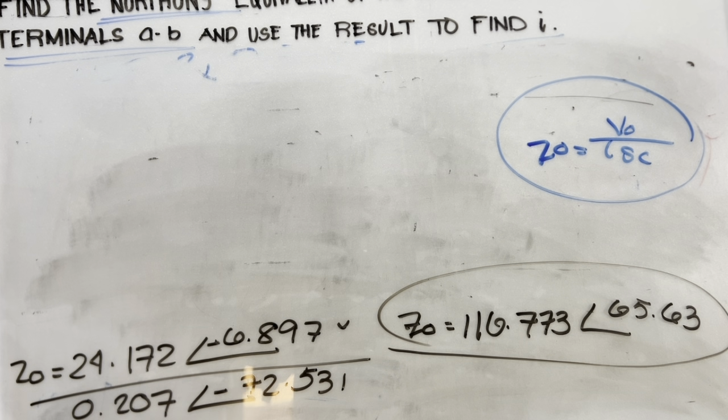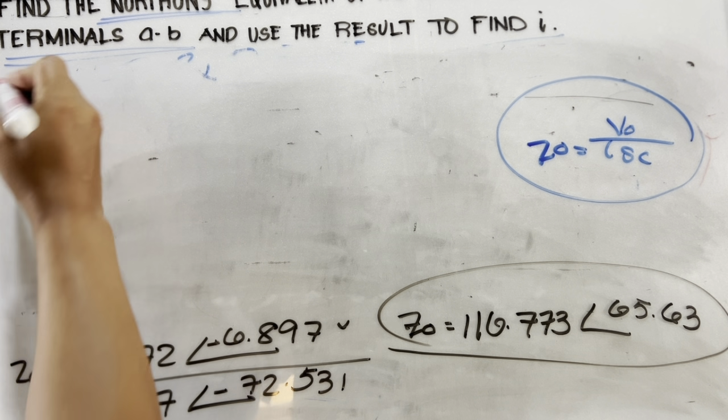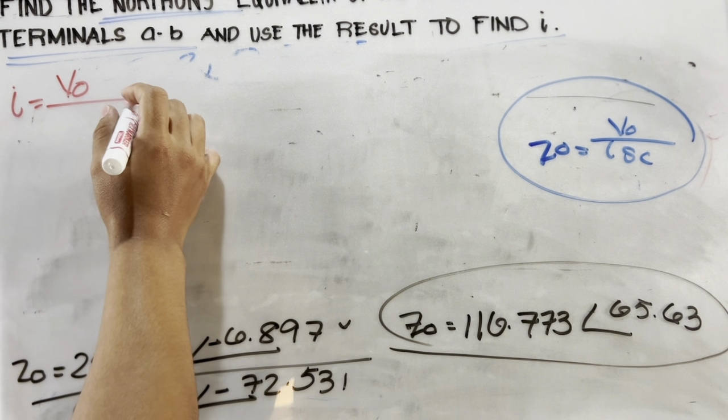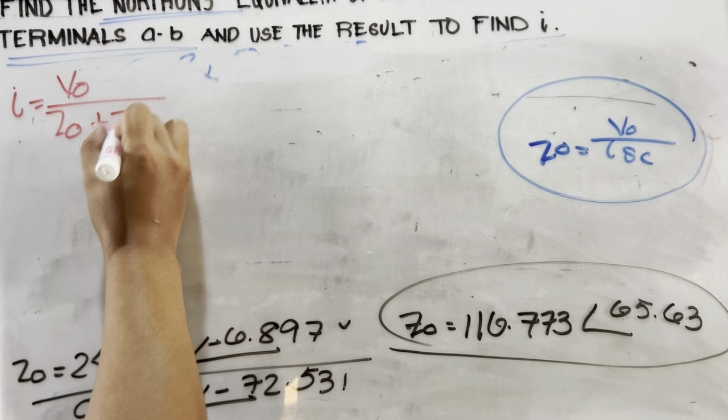We will now use the formula for I. To get our I, we will use I is equivalent to V's of O all over ZO plus Z1.